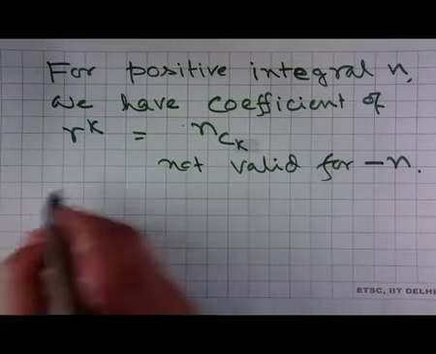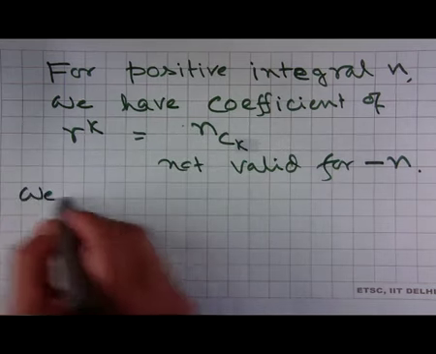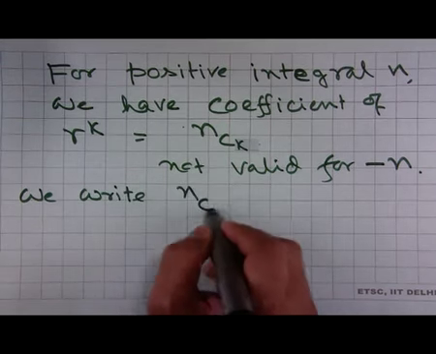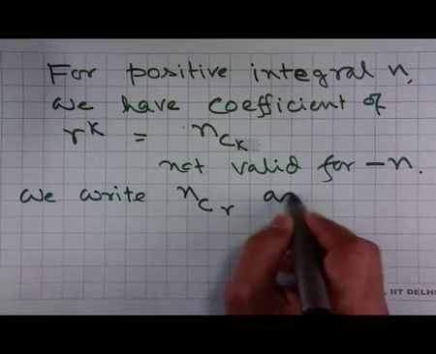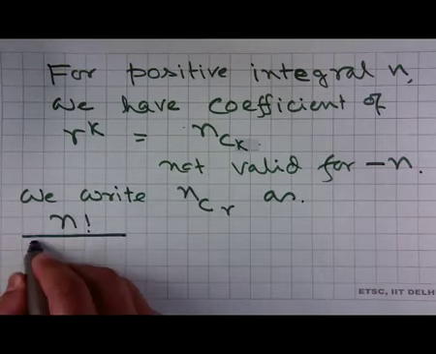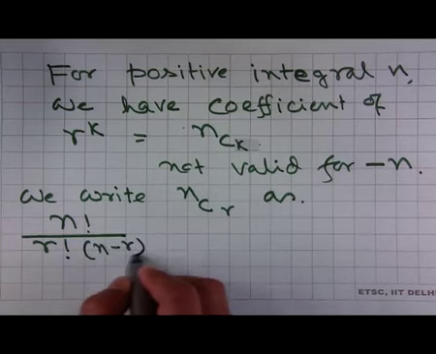What we do? We write n c r as factorial n upon factorial r into factorial n minus r.